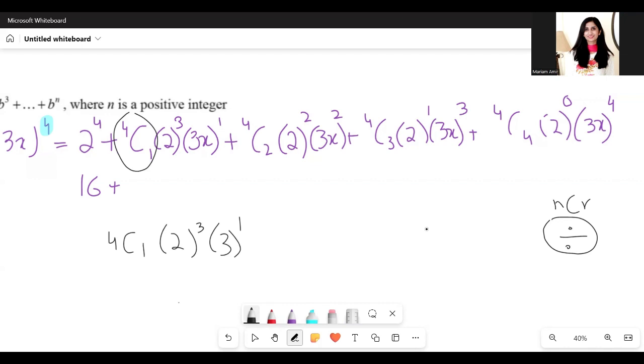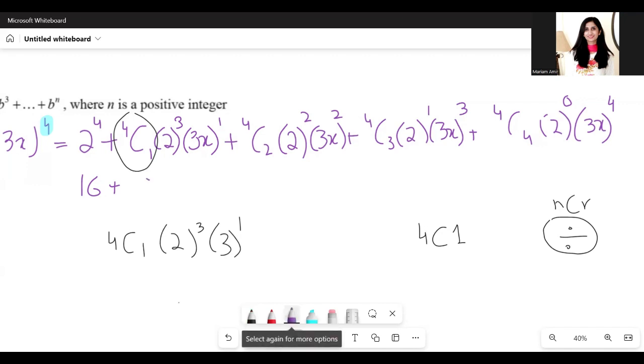So you have to enter 4 in your calculator first, then shift and division key so that it shows a C, and then 1 after that. Then you do times 2 cube times 3, and that's giving me 96.